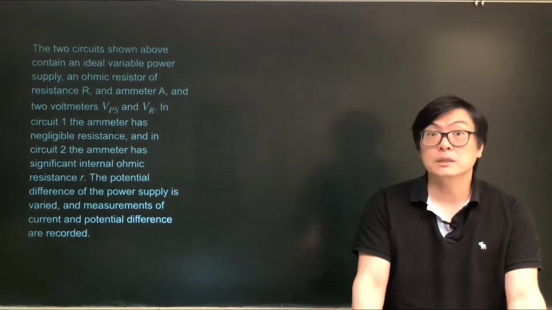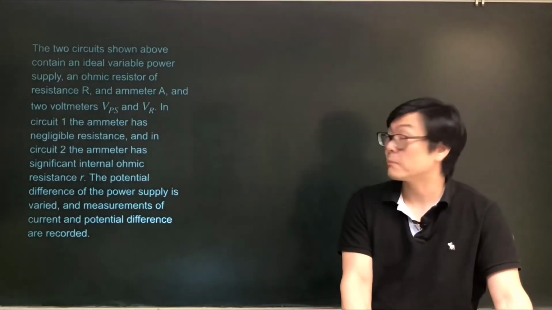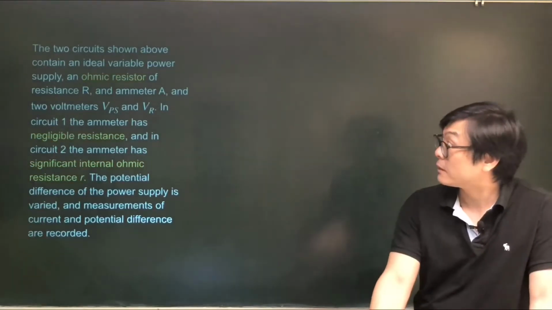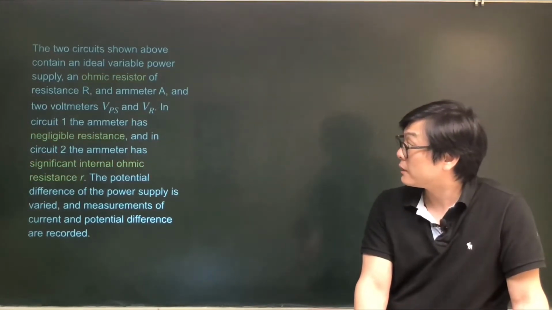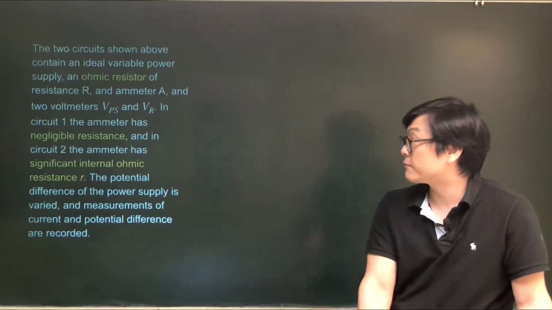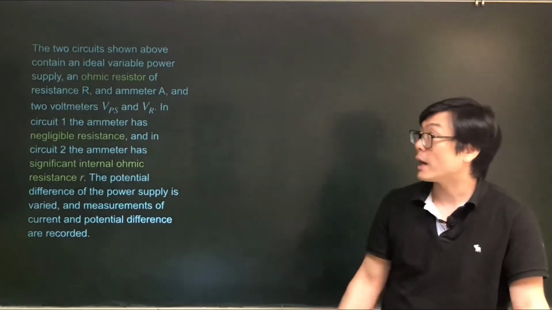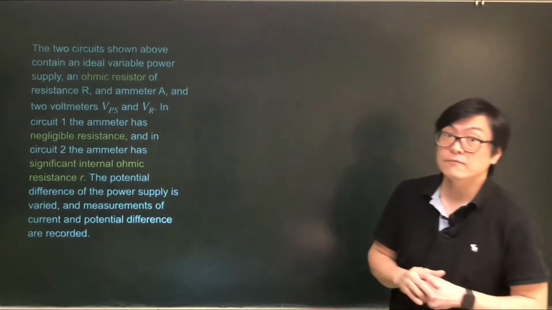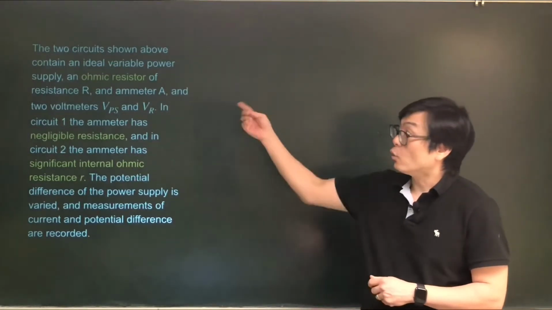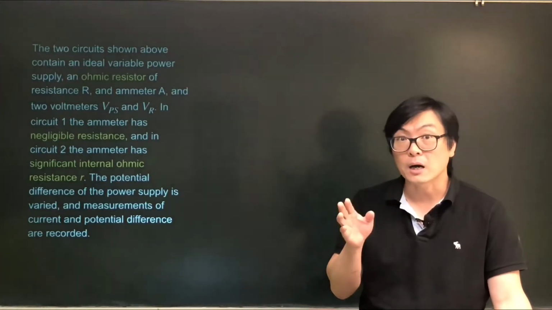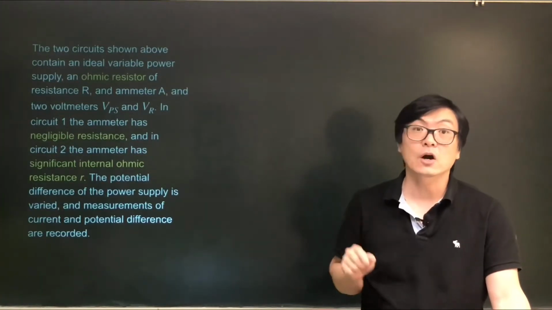So what are the important information from there that you found? I found ohmic resistor and negligible resistance and significant internal resistance for circuit 1 and circuit 2. Why are they important information to us? Ohmic resistor means we can use Ohm's law, V equals IR, and we can treat R as a constant.